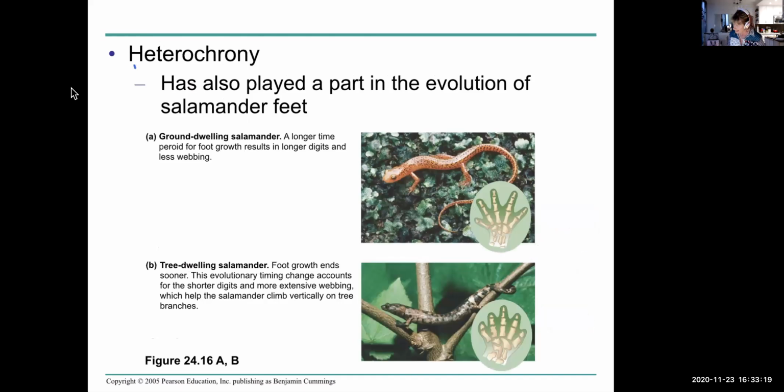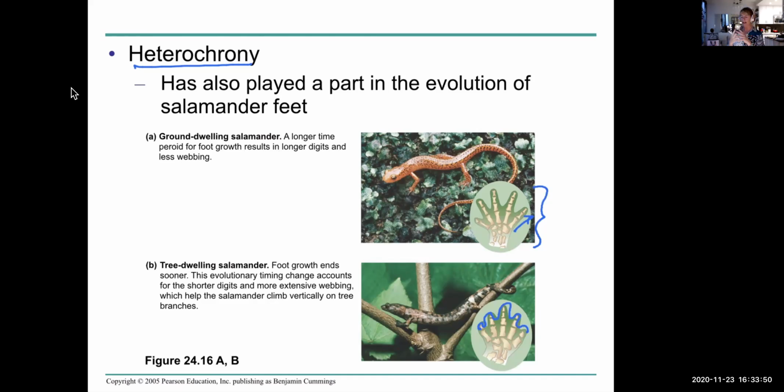So back to heterochrony. Let's look at salamander feet. Here's a ground-dwelling salamander. There are its feet, longer digits. The tree-dwelling salamander has shorter digits but extensive webbing. And webbing is something that you and I even have as embryos.